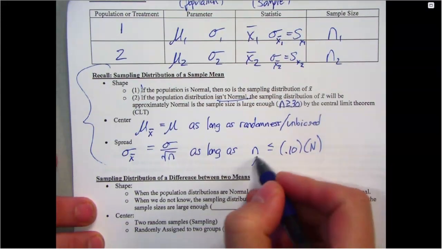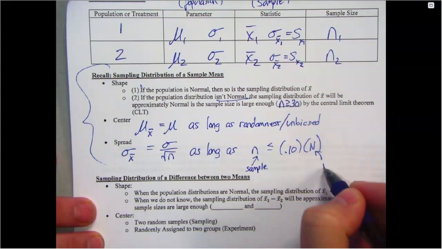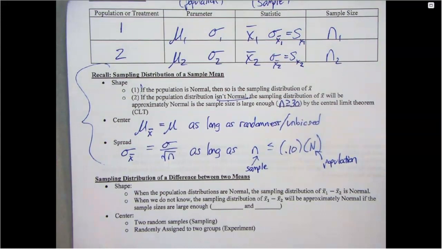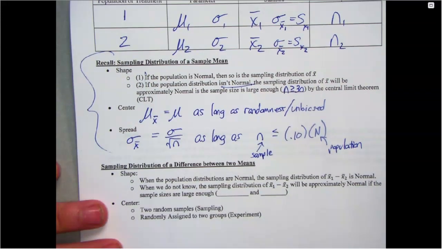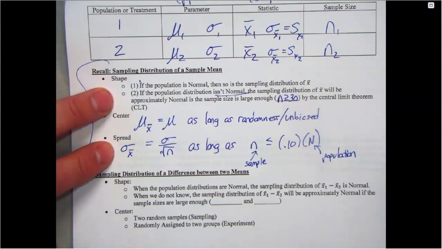So like this is your sample. This is your population. So that's reviewing what we did.